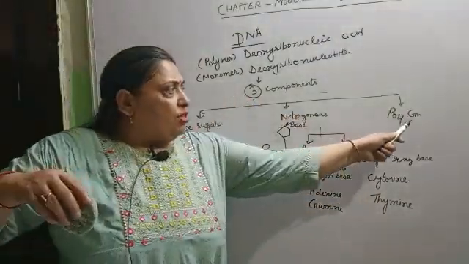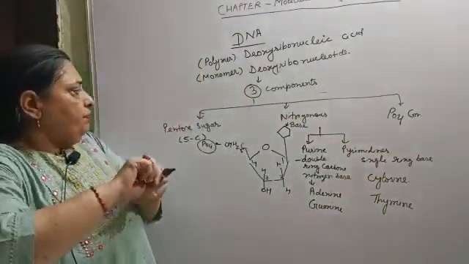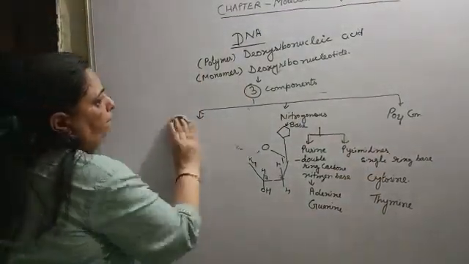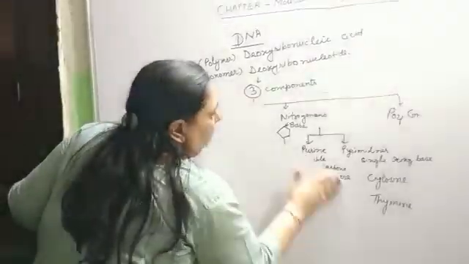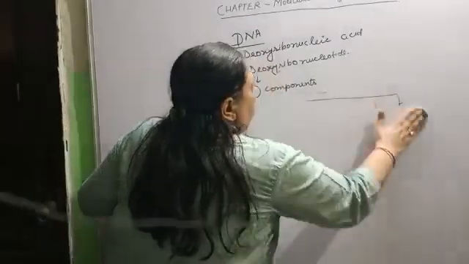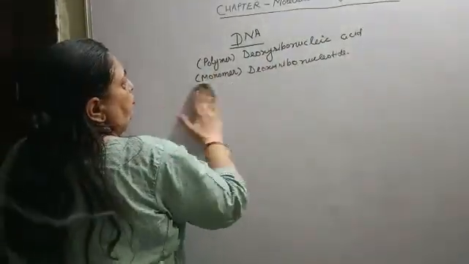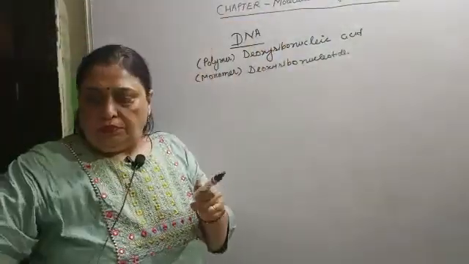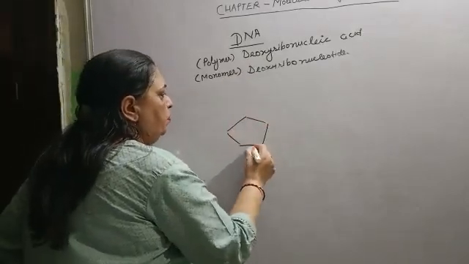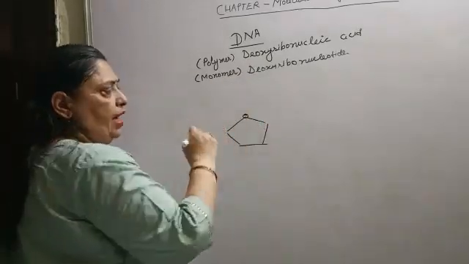Now second is the phosphate group. First of all, we will understand about the bonds. This is the pentose sugar, right?